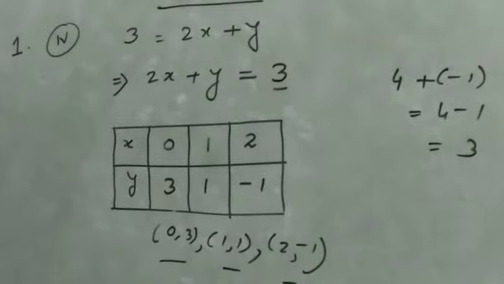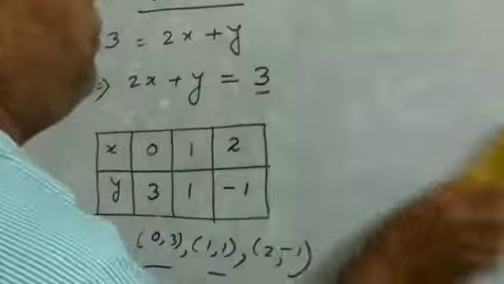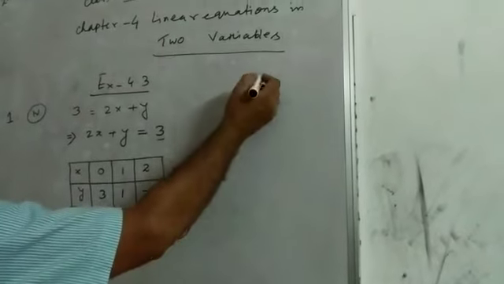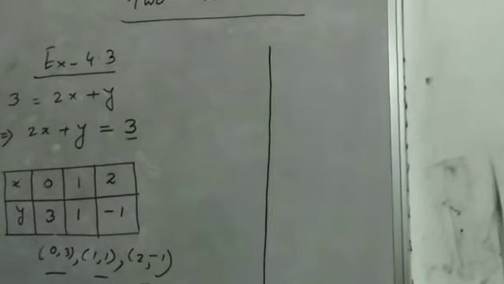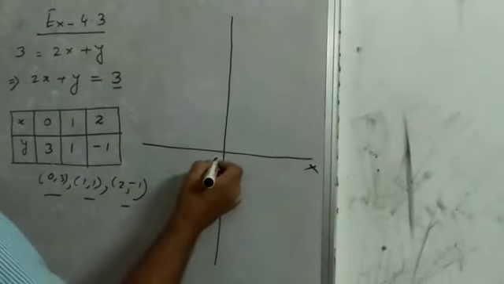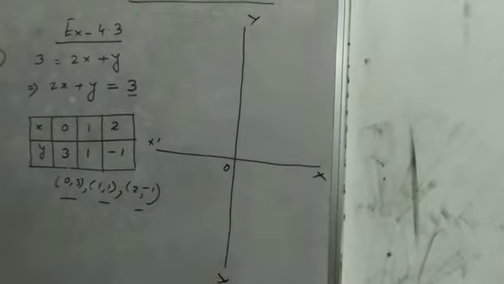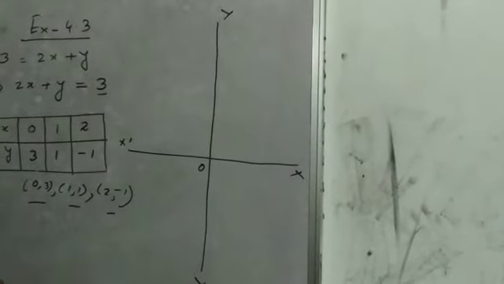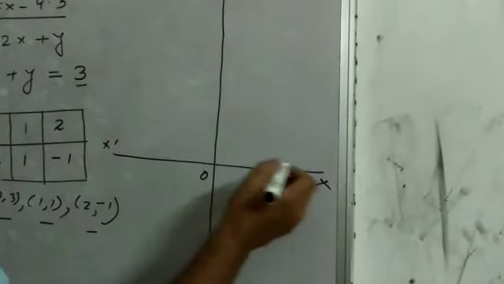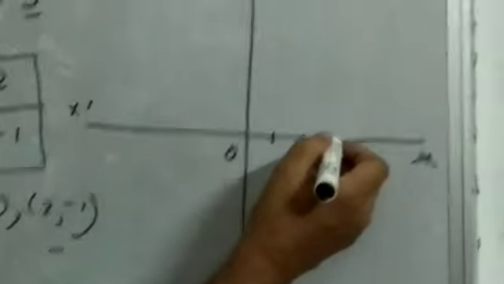Now we will draw the x-axis and y-axis. If we plot on the graph copy, graph page, then we can plot the points at accurate places. Here I will show in the graph. So this is the x-axis, X'OX, and Y'OY, this formality has to be maintained. After that we divide the axes into some equal units.